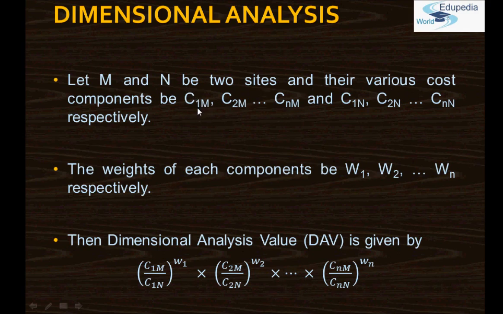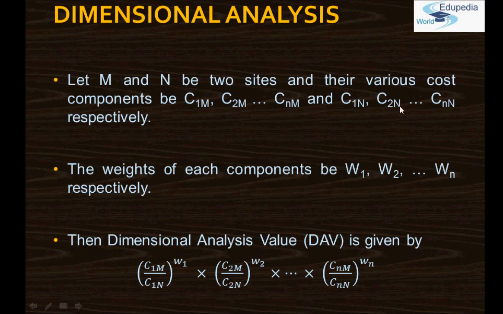C stands for the cost, 1 stands for the first cost component, and M is for the site M. So we have C1M, which means the cost of the first component of site M. Similarly, we have the cost of the second component of site M, up to the cost of the nth component of site M. Likewise, we also have the cost of all the components 1, 2 up to n for site N, represented as C1N, C2N, and so on up to CnN. Now the weights of each component could be given as W1, W2, and so on up to Wn.